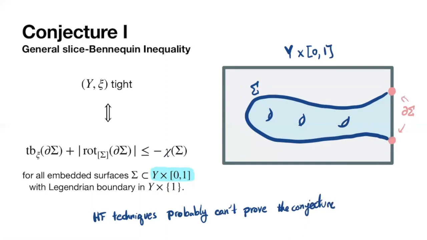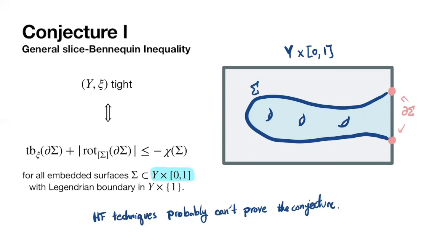And my guess is that maybe there's some kind of way that's more spiritually similar to Eliashberg's proof, but at this point, all I really want to say is that Heegaard Floer techniques probably can't prove this because the contact invariant doesn't completely categorize tightness.